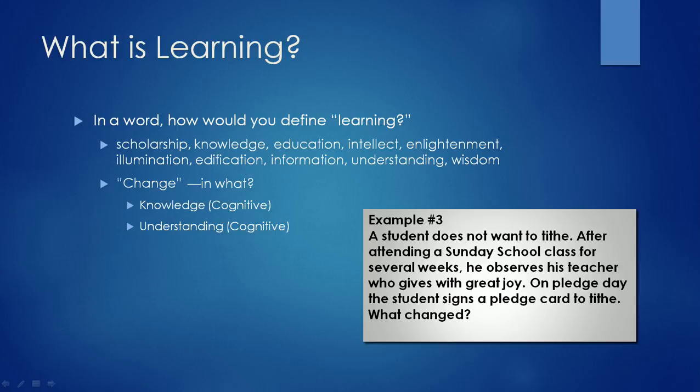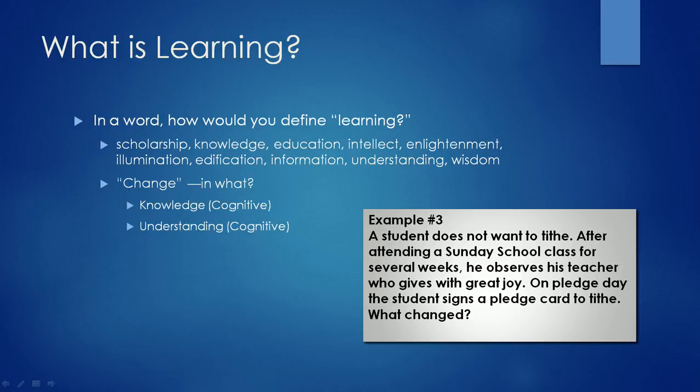Here's another example. A student does not want to tithe. After attending a Sunday school class for several weeks, he observes his teacher who gives with great joy. On Pledge Day, the student signs a pledge card to tithe. What changed? Well, you could say, well, possibly the student's understanding of tithing changed. You could also say that the student's knowledge of tithing changed.